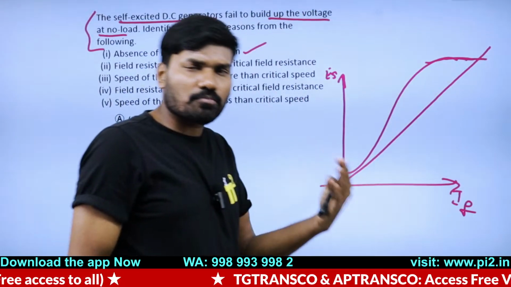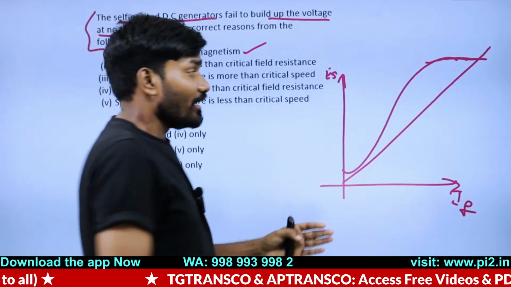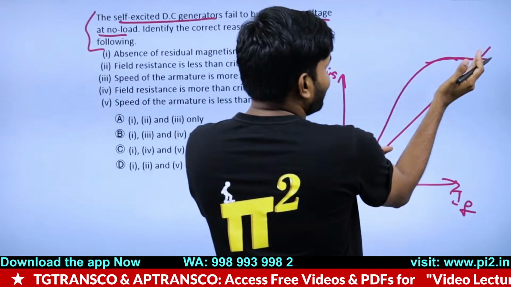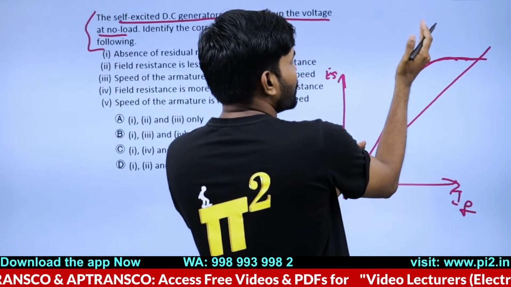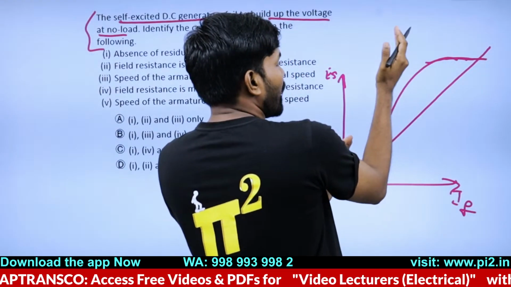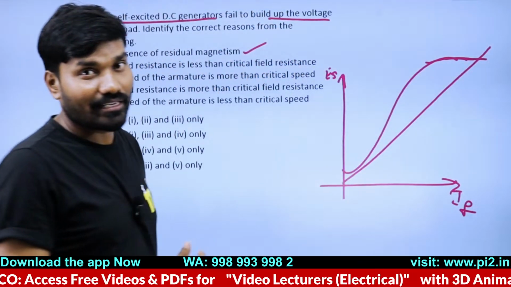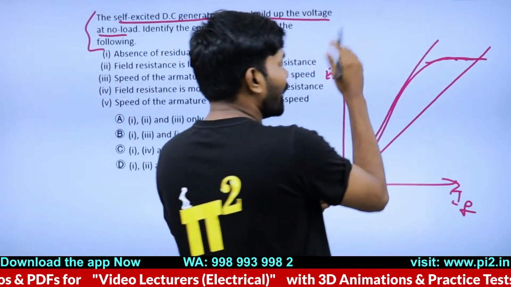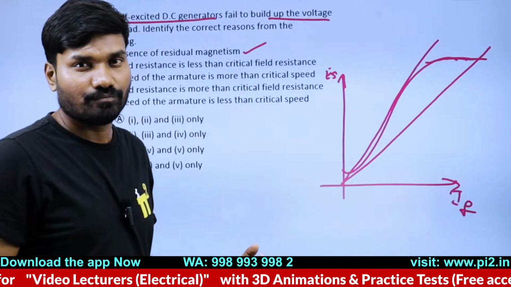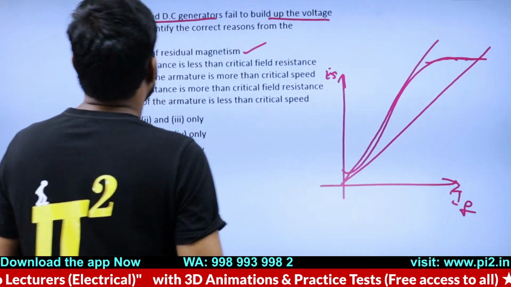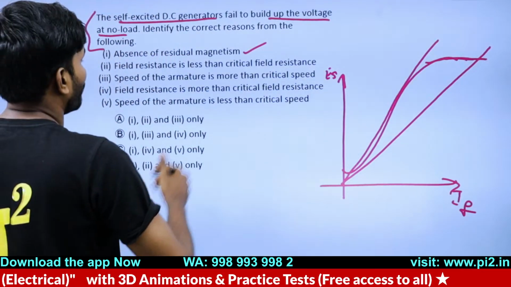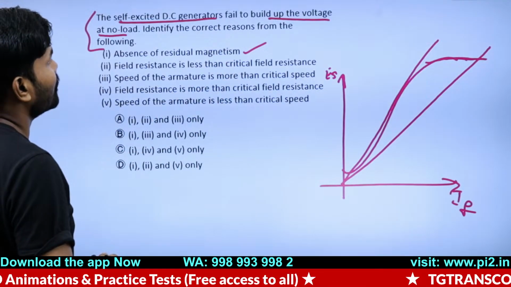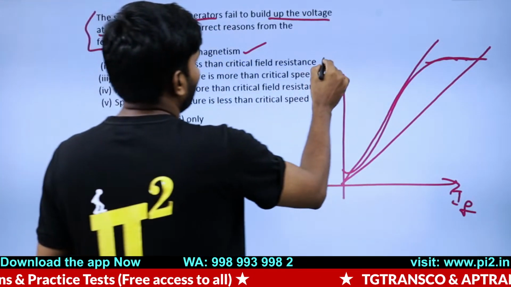Then also, yes, it is possible to build the voltage. But if the field resistance increases more, the line goes up, and beyond the critical field resistance, voltage buildup is very low. So field resistance less than critical field resistance is not correct.